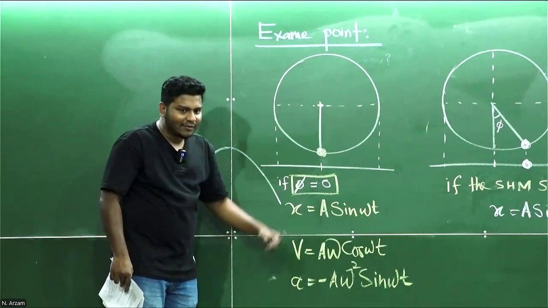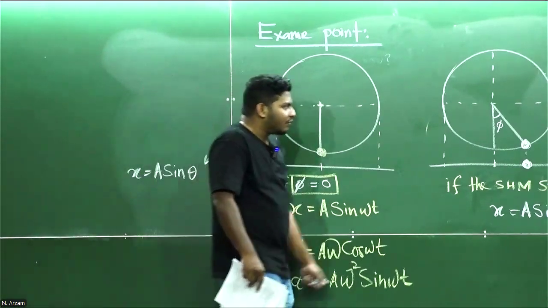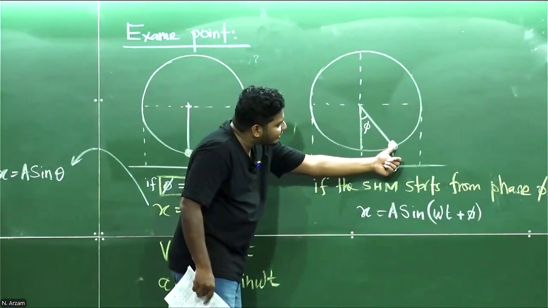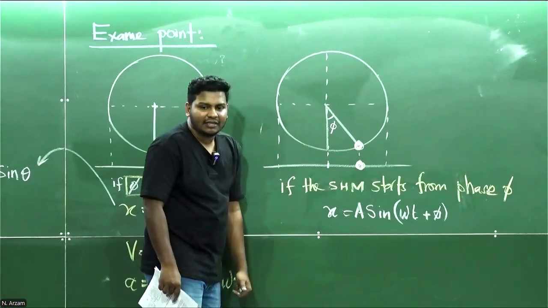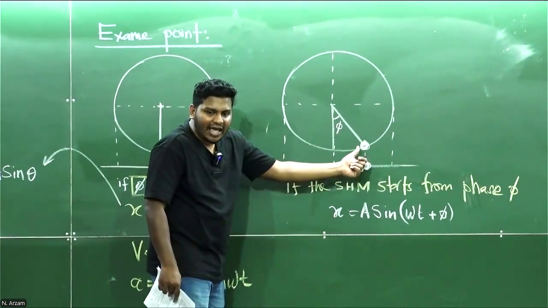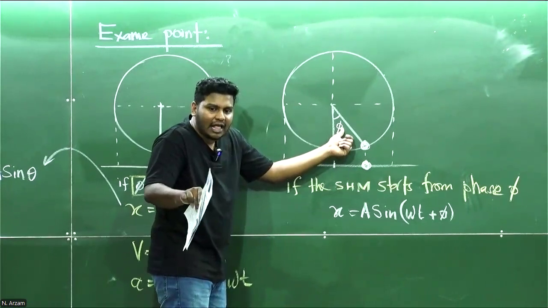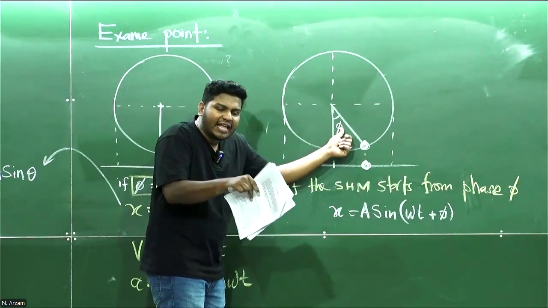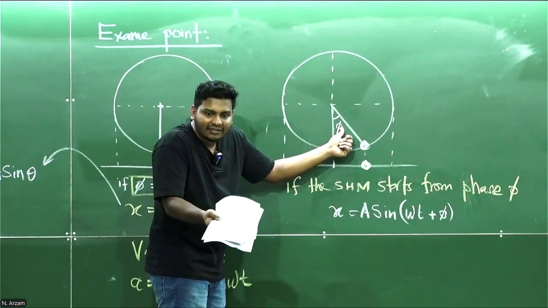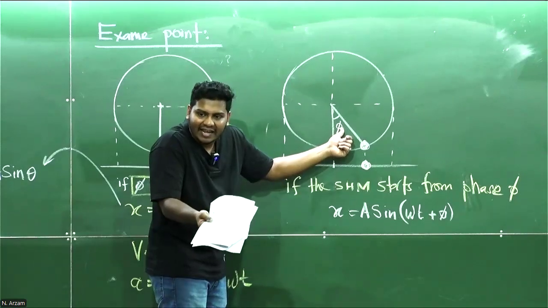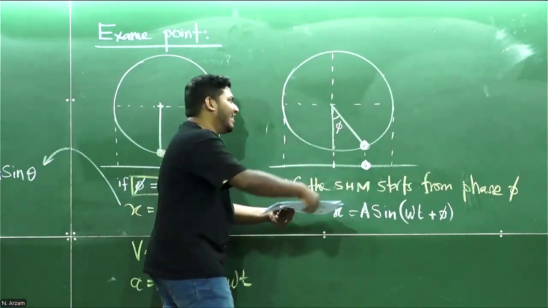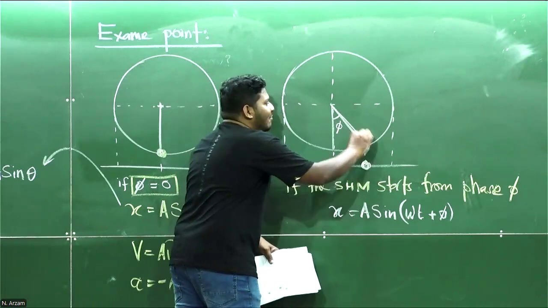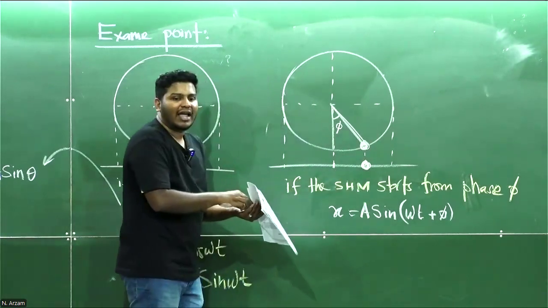Now, what is the angle this particle has turned? The angle phi, it has already turned. But from this point, there is no angle. It doesn't make any angle here. You got the point? It is starting from this point, guys, but it doesn't move any angle.